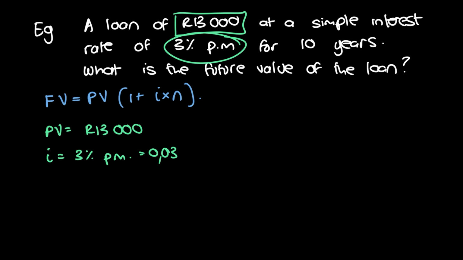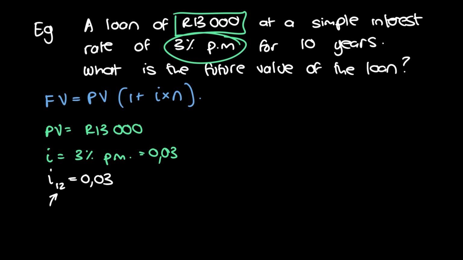So instead of just saying I by itself, we could say that it's I subscript 12 is equal to 0.03. So that's telling us straight away that it is monthly. That's just a neat little thing to remember.